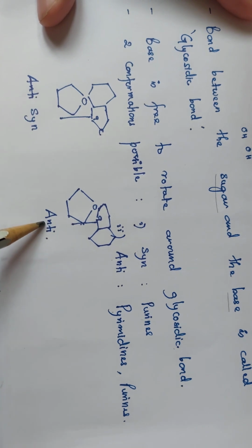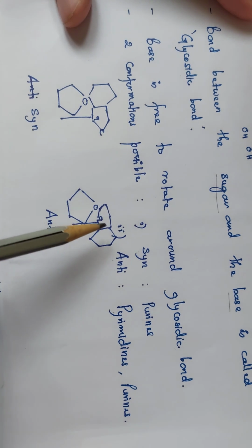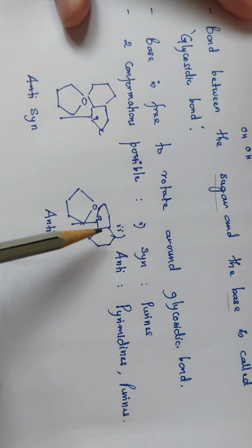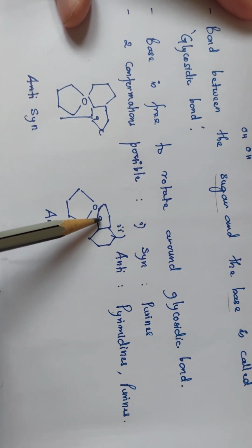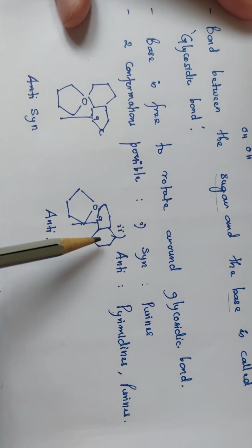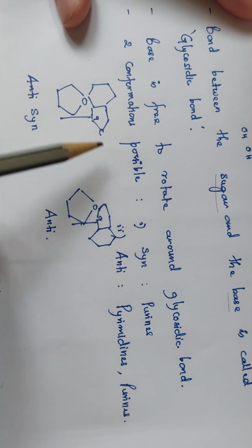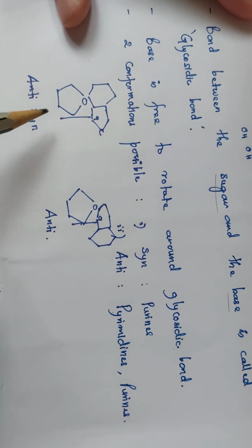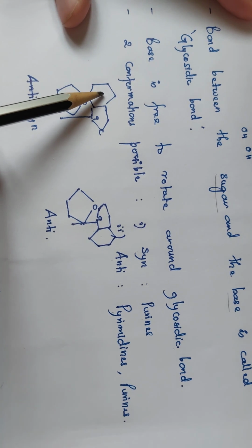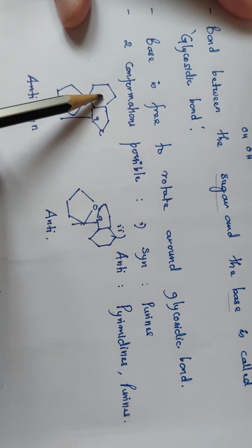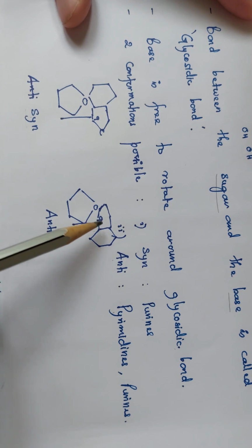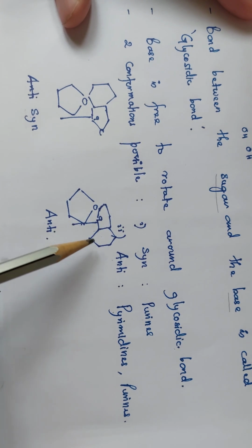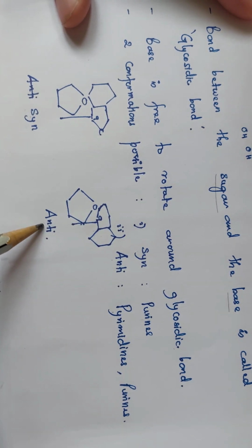While in the case of anti, there is anti-clockwise rotation of the nitrogenous base. The 9th position is here and the first cycle moves towards the right side. While in syn conformation, the first cycle is in its original conformation. That's why it's called syn, while in the anti, it rotates anti-clockwise. So it is called anti conformation.